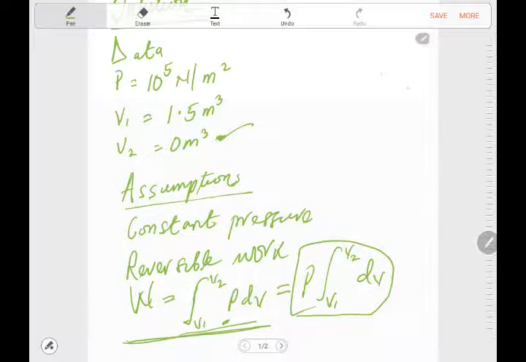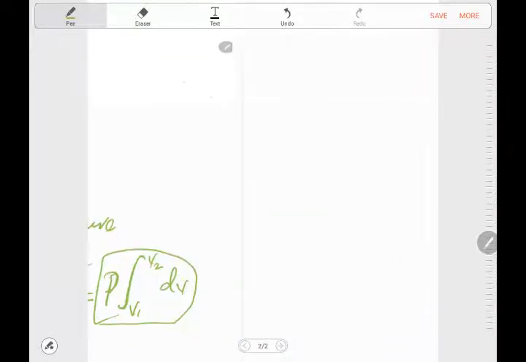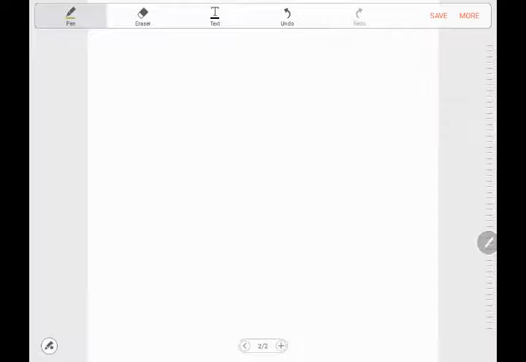And since we have constant pressure, we can actually bring out P, and we keep only dV within the integral, because P is constant. So by so doing, it means what we have is W is equal to P integral from V1 to V2 of dV, right?